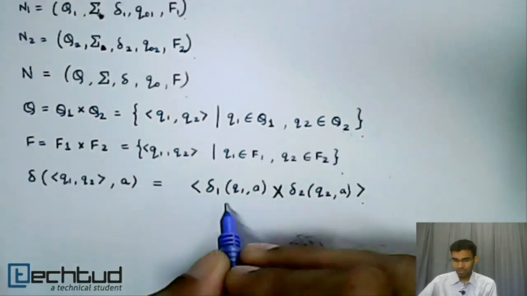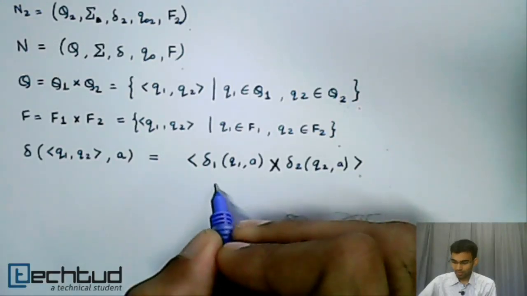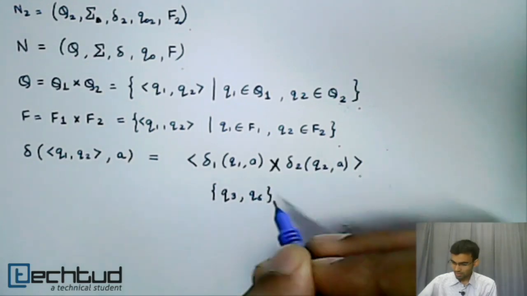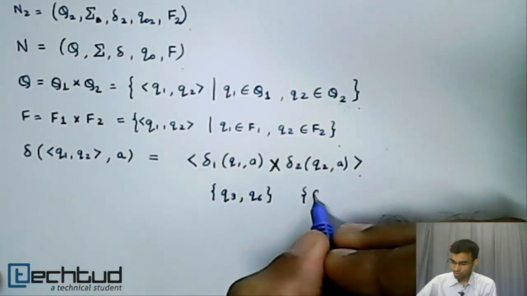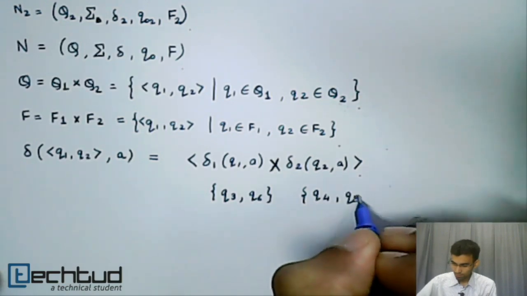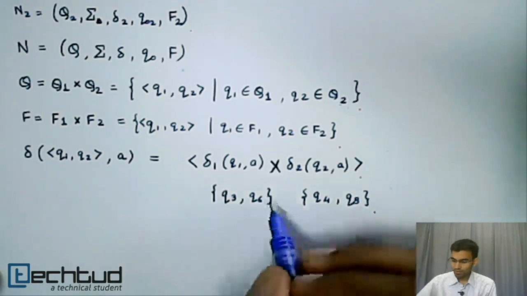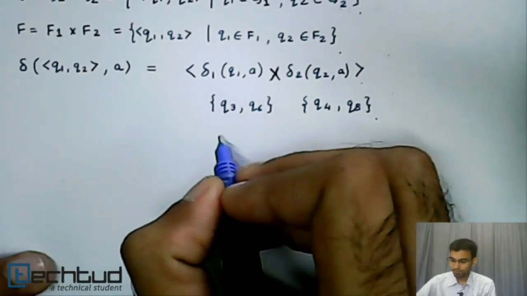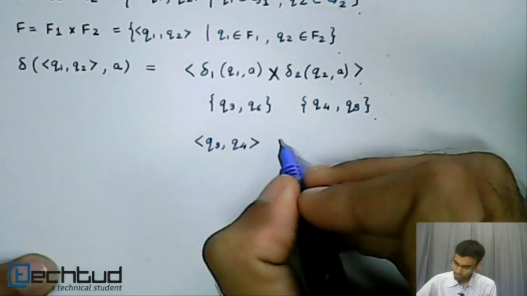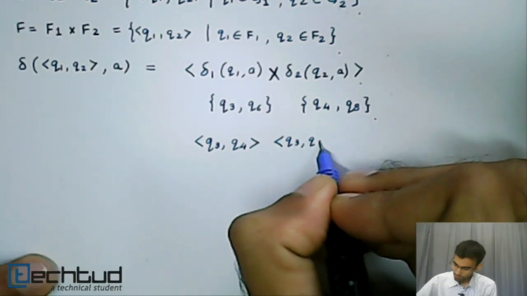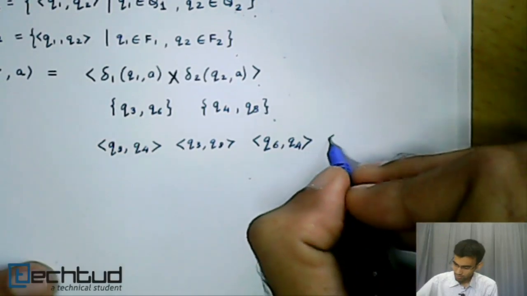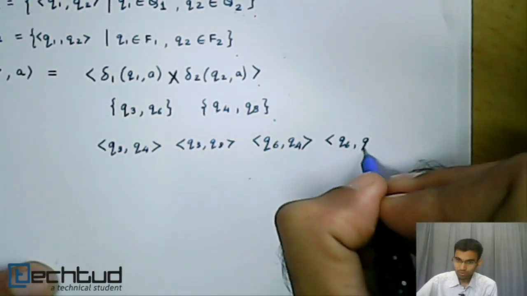For instance, if delta 1 of Q1 on an A was {Q3, Q6} and delta 2 was {Q4, Q8}, then the cross product would be the set of states (Q3, Q4), (Q3, Q8), (Q6, Q4) and (Q6, Q8).